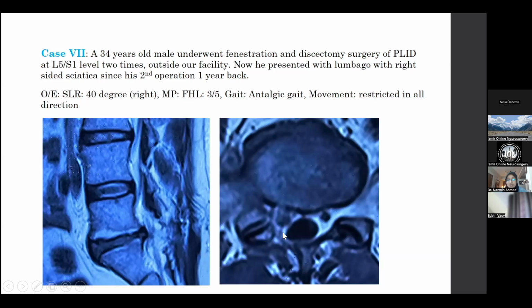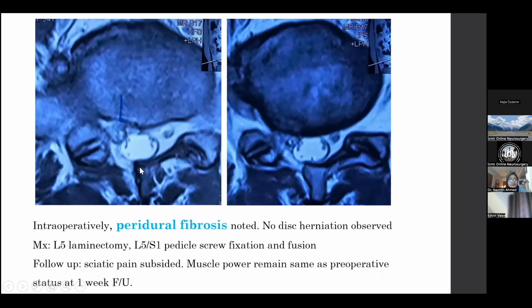In the T1 weighted image axial section, there is a hyperintense cleft. In the T2 weighted image, there is a mass that is hyperintense, and this is the intraoperative S1 nerve root surrounded by a mass.